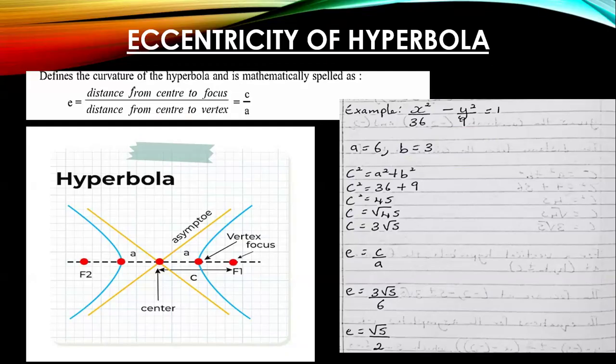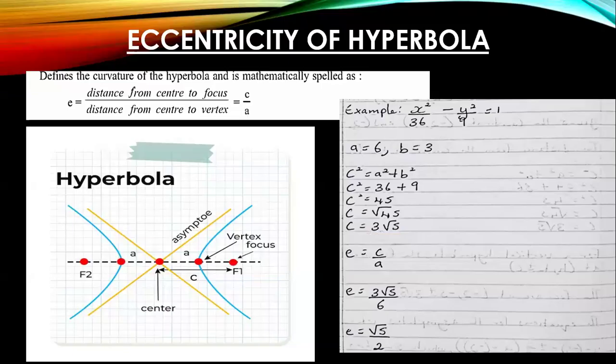So we use the formula c squared equals a squared plus b squared to find c. We substitute our a squared and our b squared. We know a squared is 36 and b squared is 9. When we add that, it gives us 45. So we still have c squared here, and to remove the square, we square root 45, which gives you 3 root 5.